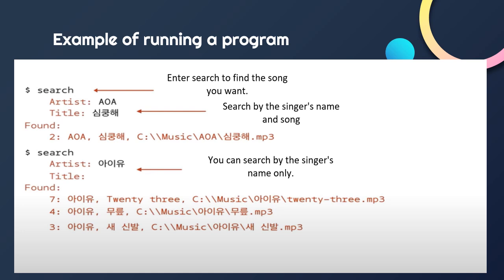If you want an artist search, enter artist IU, so you can search by the singer's name only. It found IU or title. So like that.